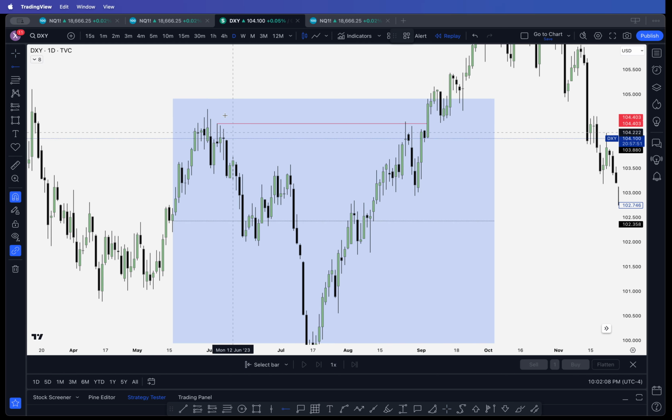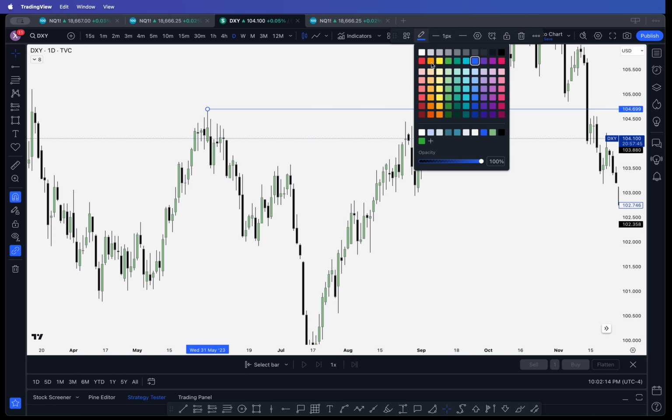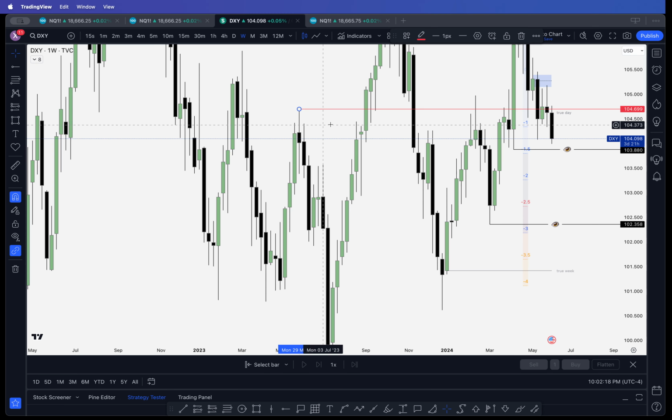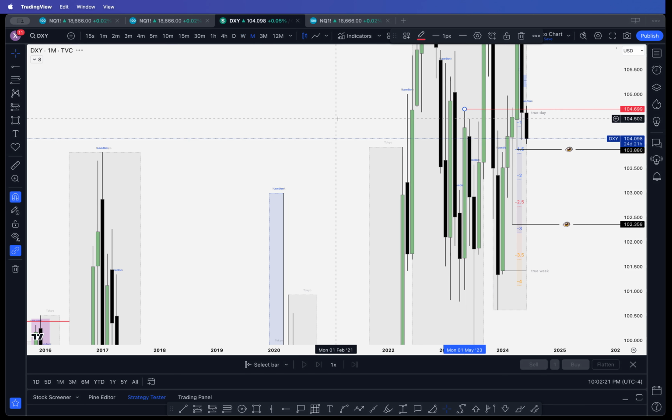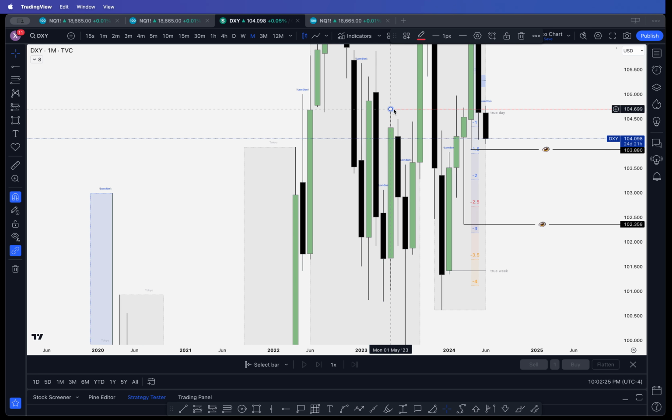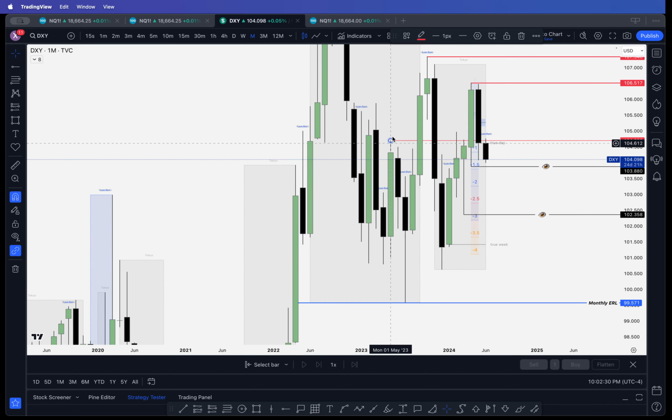Why is that the draw on liquidity? Because we're bullish. Sure, and we can go up a time frame and probably see a higher time frame array above that high, right? Like maybe it's a monthly swing point. It's a monthly swing point, right? Make sense? Why that high is the high, because it's a monthly ERL original?